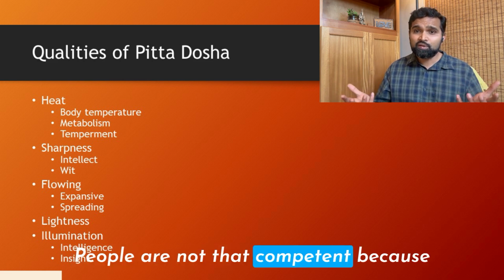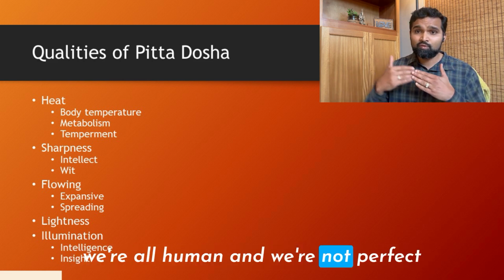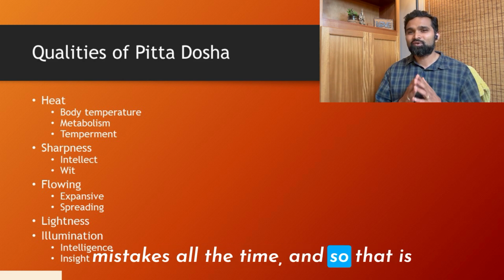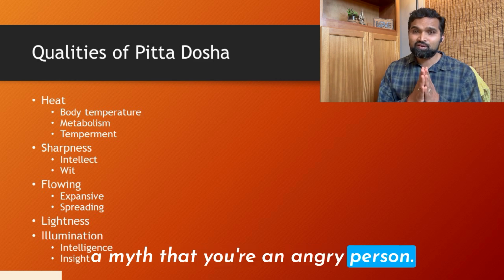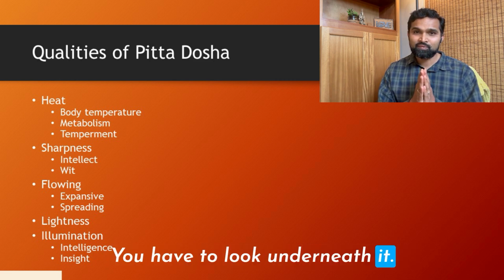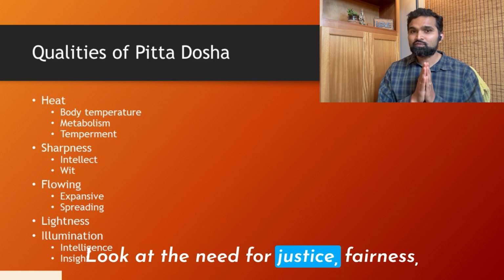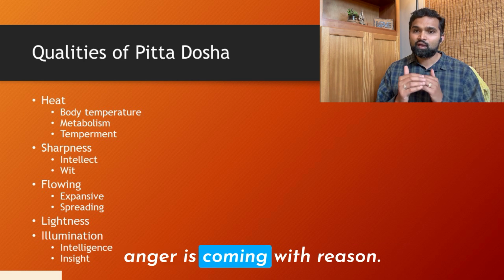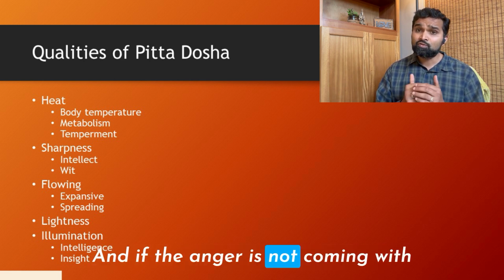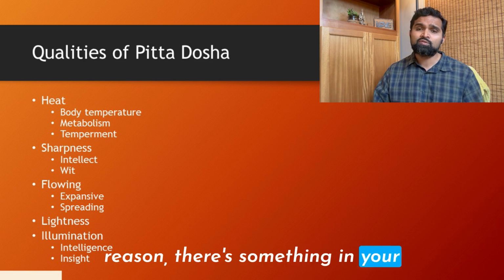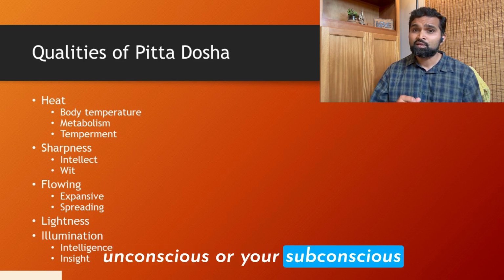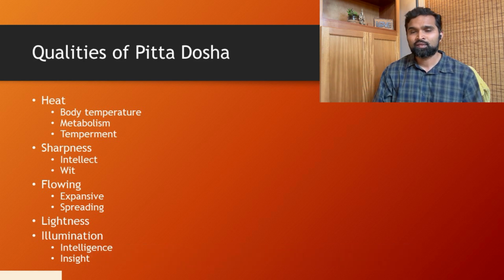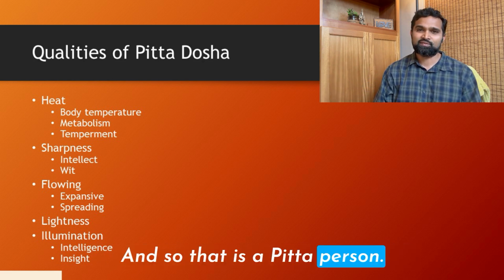People are not that competent because we're all human, not perfect geniuses, and we make mistakes all the time. So it is a myth that you're an angry person. You have to look underneath it. Look at the need for justice, fairness, right and wrong, and notice that the anger is coming with reason. And if it's not coming with reason, there's something in your unconscious or subconscious holding on to old anger that is getting projected into the present. And so that is a Pitta person.